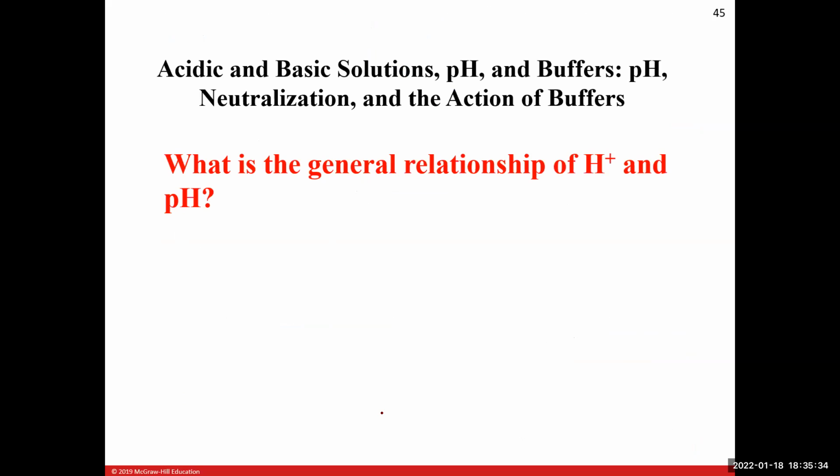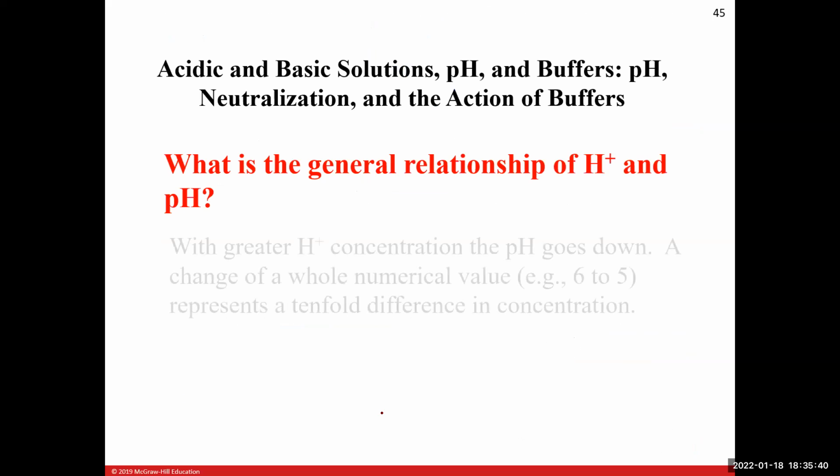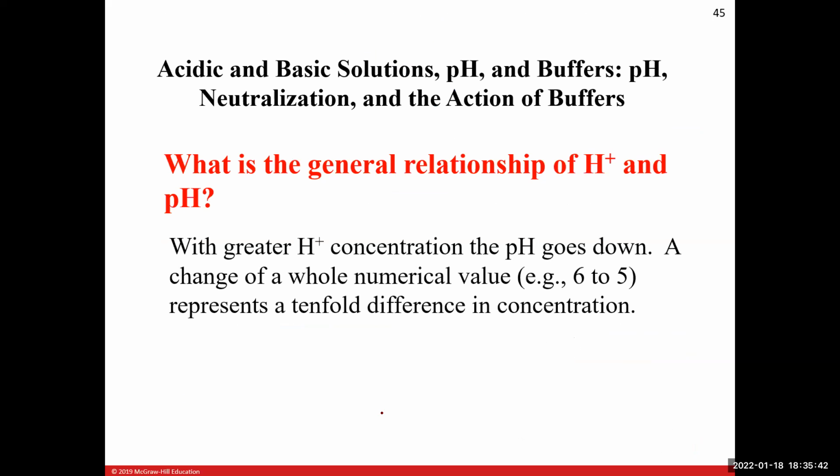So what is the general relationship of hydrogen ions, protons, H+, and pH? This is that inverse relationship I was telling you about. With a greater hydrogen ion concentration, the pH goes down, and vice versa. With a lower hydrogen ion concentration, the pH value goes up.